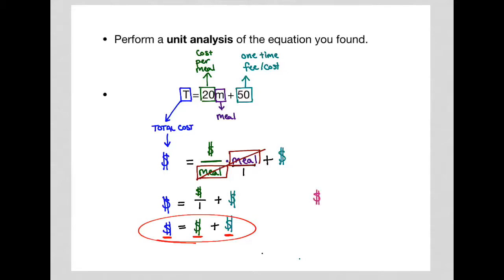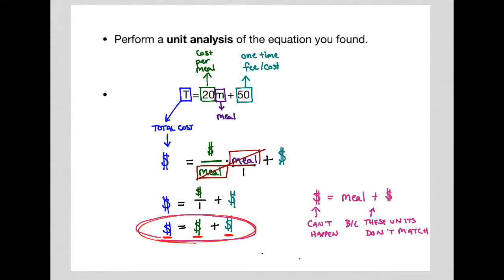If I said money is equal to meal plus money, this can't happen because these units don't match. Again, if we look at the example over here on the left, because all of the units end up simplifying and matching one another, we are good to go. So this confirms that our equation is good.